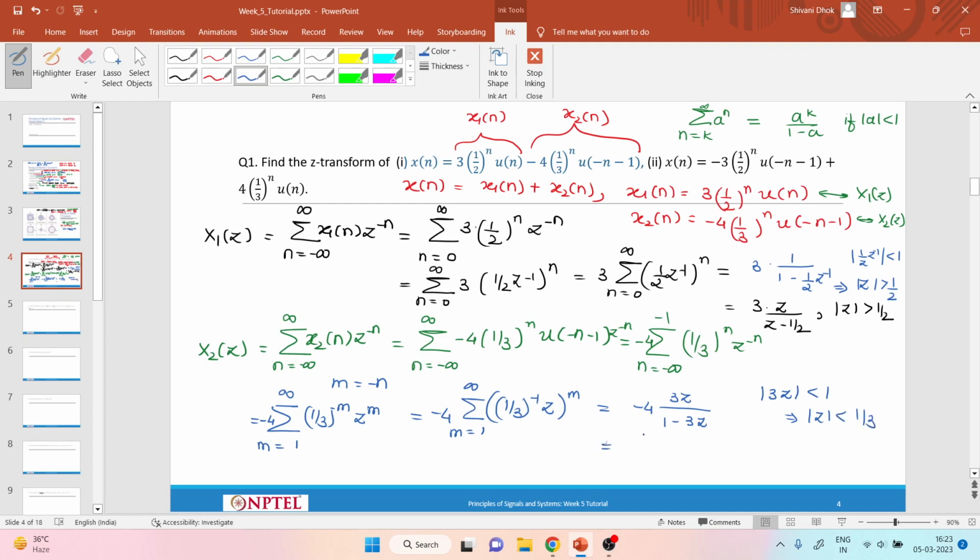Similarly, I can change the sign and write it as 4 into z upon z minus 1 by 3, and the region of convergence is mod of z less than 1 by 3.